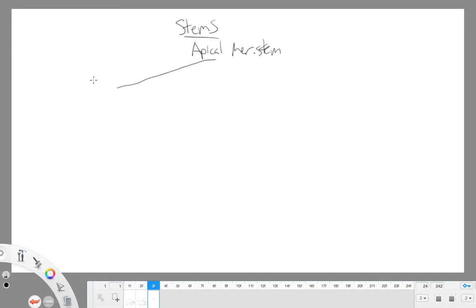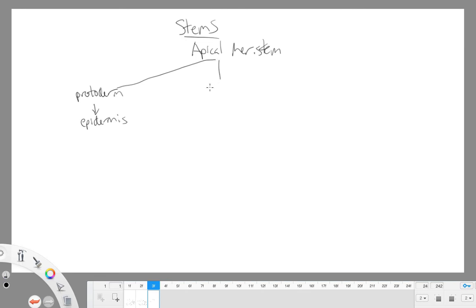But what we do produce, just like with our roots, are the protoderm, and that's going to form the epidermis. And in our stems, that epidermis is covered with a waxy material called cutin, which is going to waterproof the stem and waterproof our plant.